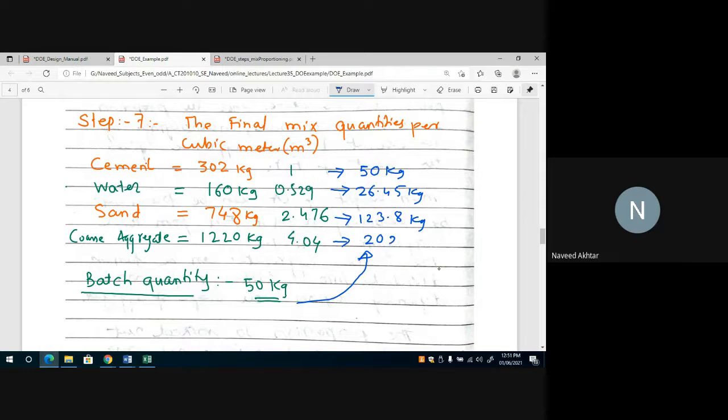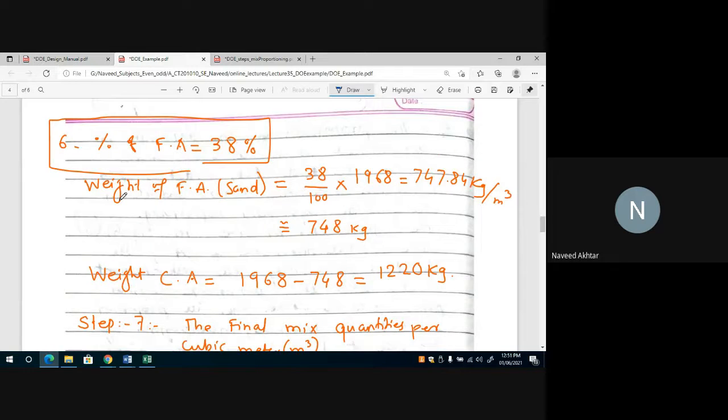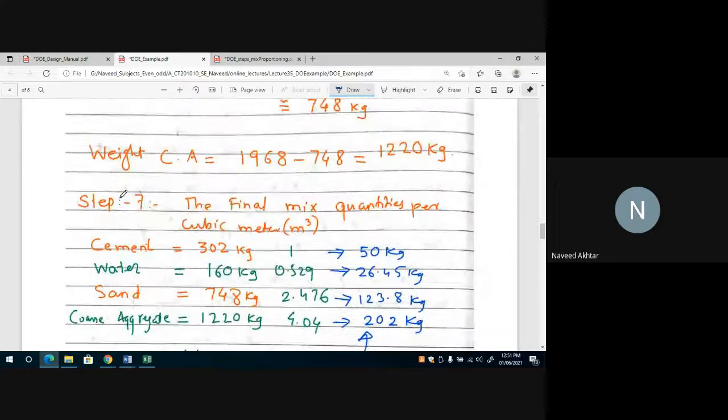Similarly, if other ingredients are also there, then you have to subtract in step number 4 and then you can add here. So likewise, you have to design the concrete mix using the DOE method.